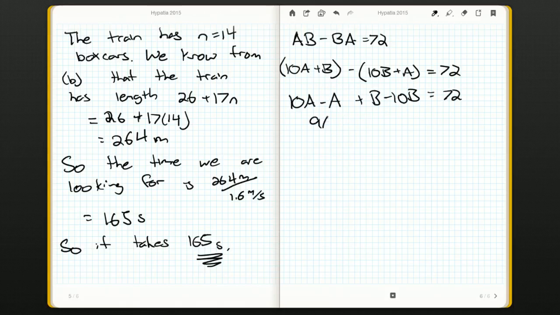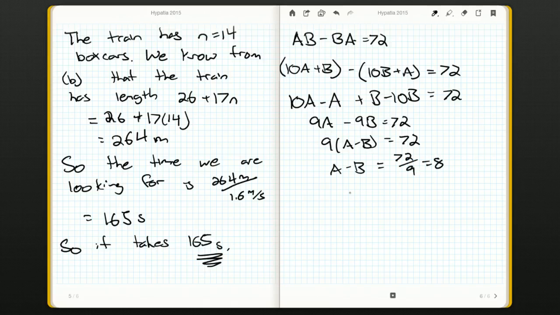Well, that's 9A plus negative 9B, so minus 9B, equals 72. We have a factor of 9 here, so you can say 9 times A minus B is equal to 72. Fortunately, 72 is a multiple of 9. So A minus B is going to be 72 over 9, which is 8.